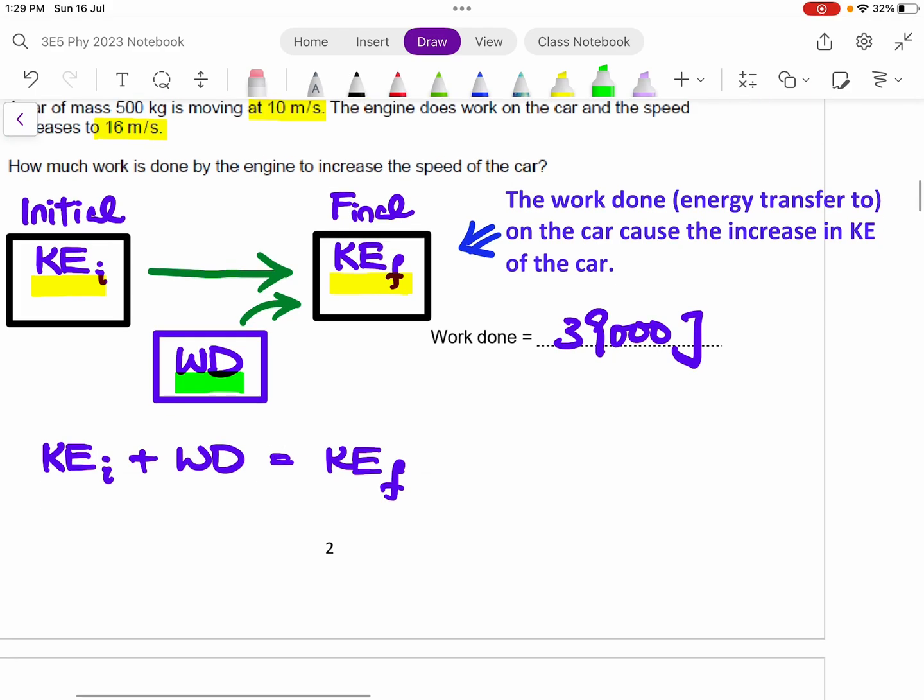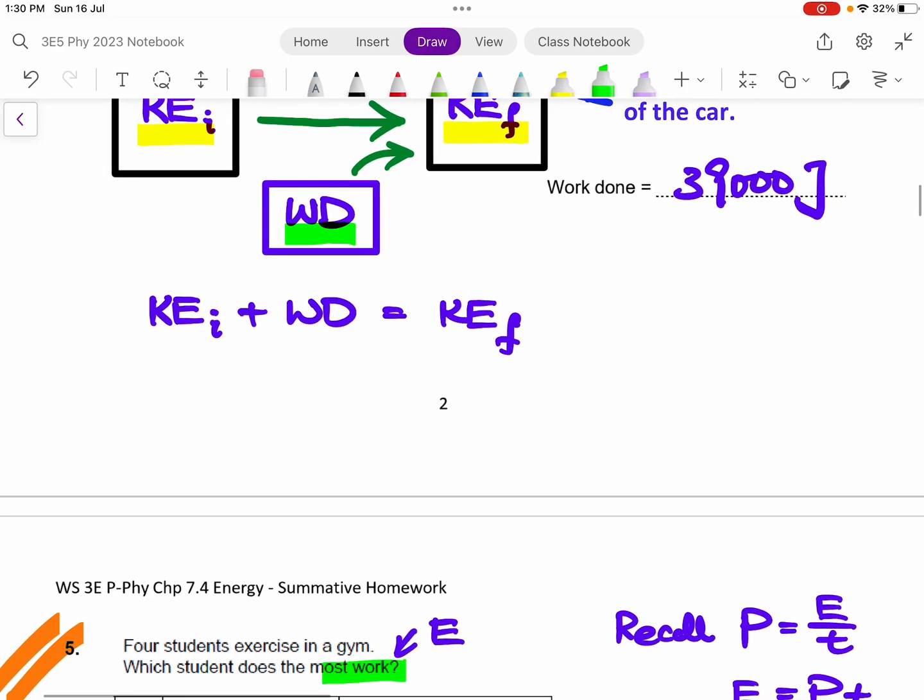But since we are already thinking of this chemical potential energy as an energy transfer from the engine to the car, we need not write CPE in the formula, because we already take it as the CPE has converted itself to work done and as a result transferred to the car. So because of that, you will have an equation like this.